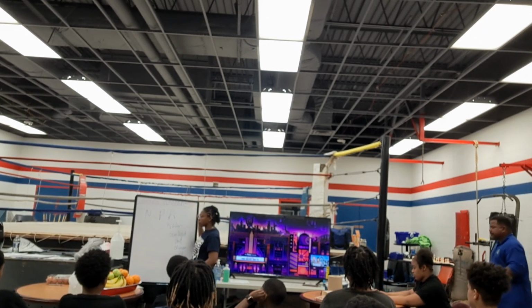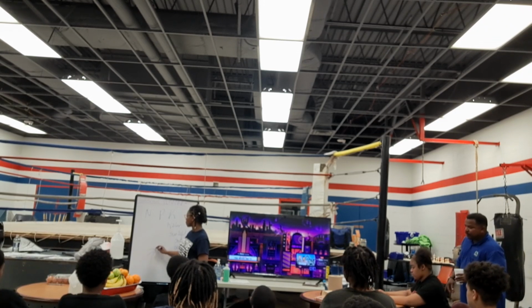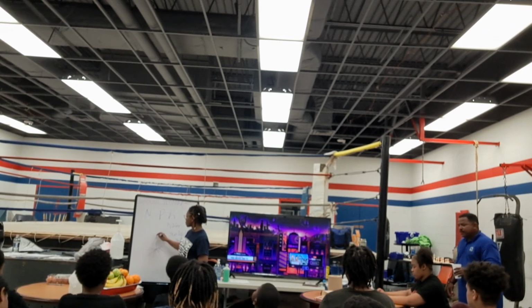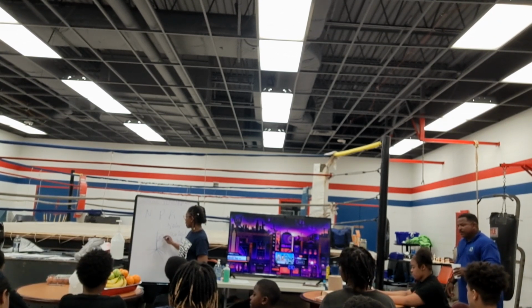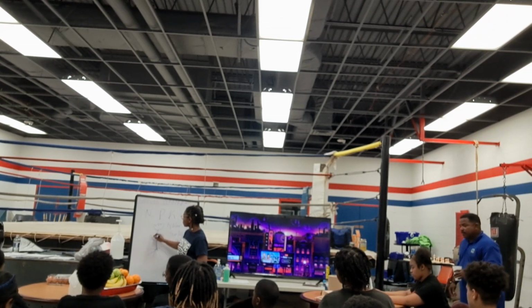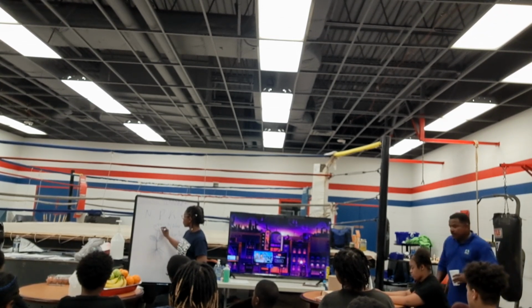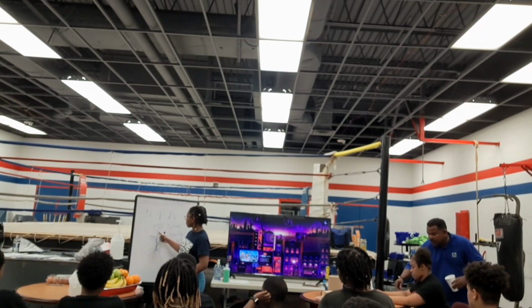So the plant has roots, right? What else does it have? A stem. It has a stem, and it has leaves, sometimes a flower. And we'll call the flower and fruit the same thing.